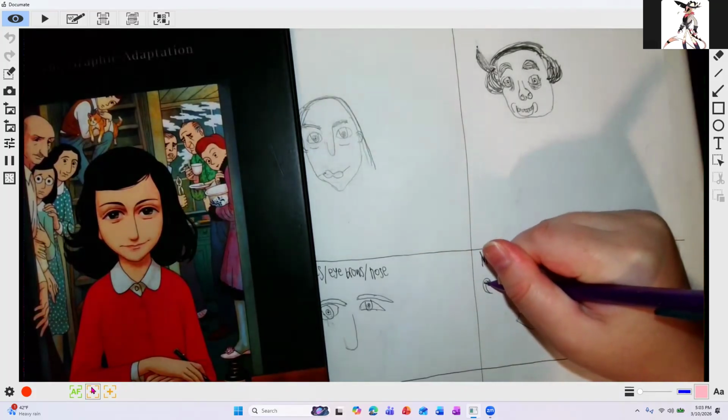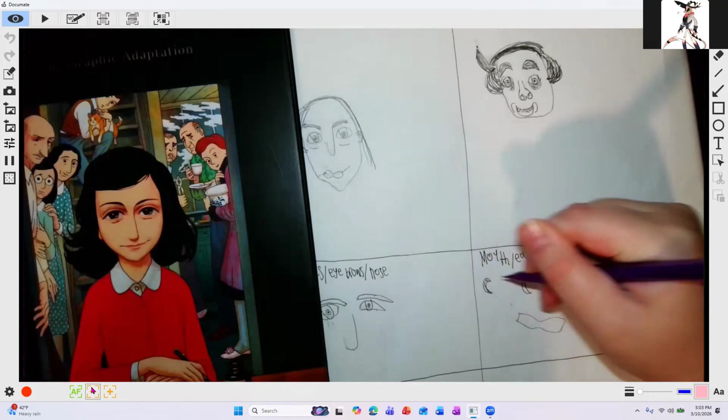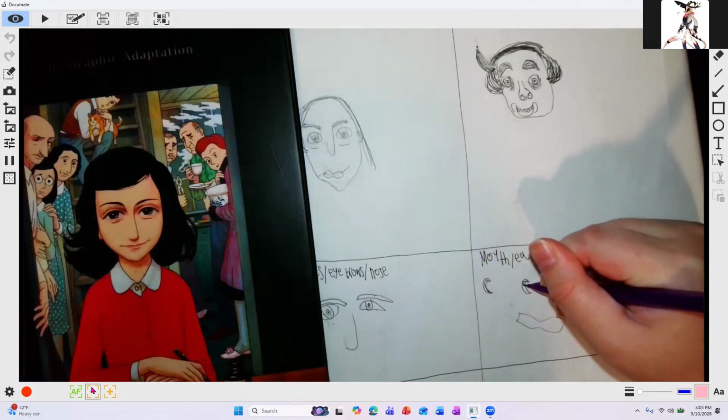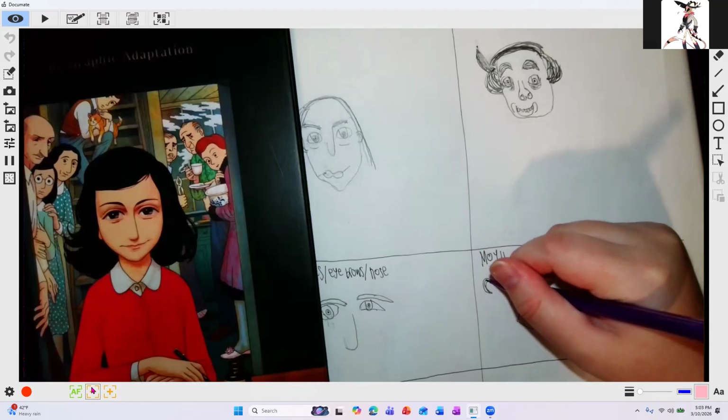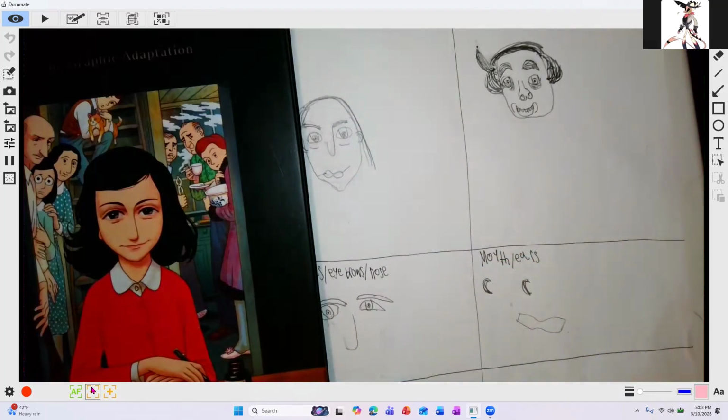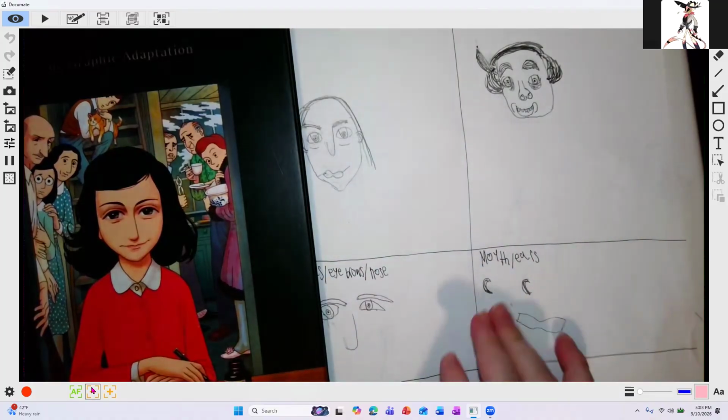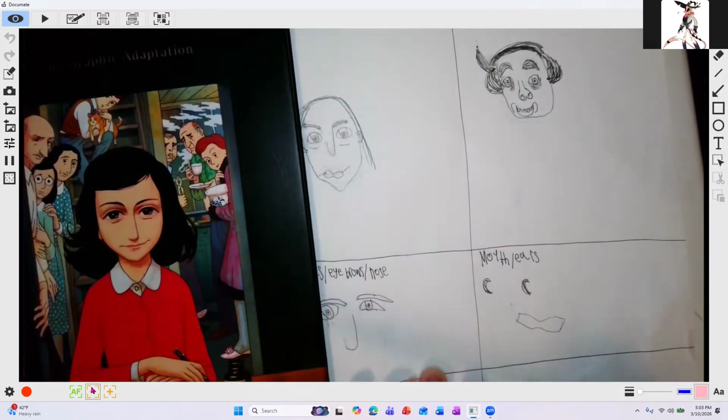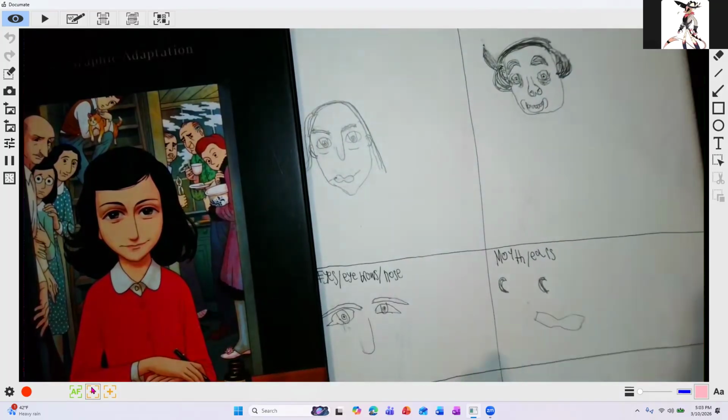And I'll do some contour. Not the best, but again, the ears are being covered by her long hair.